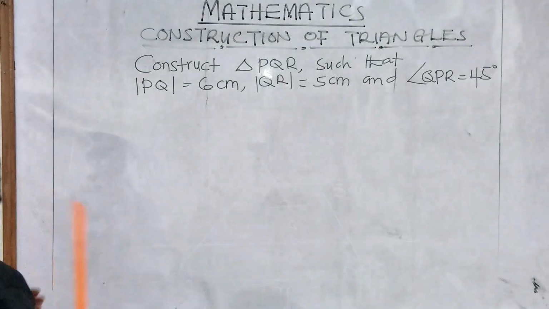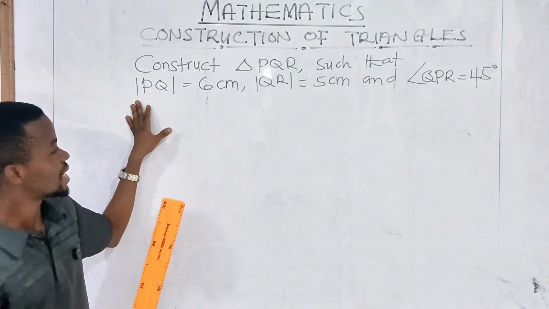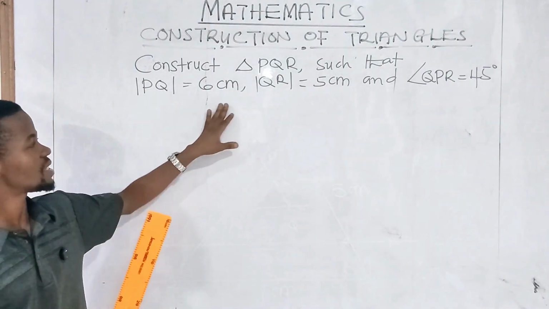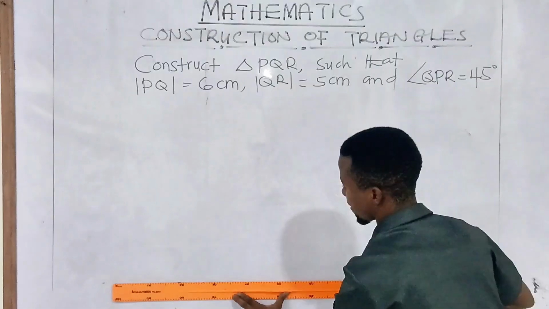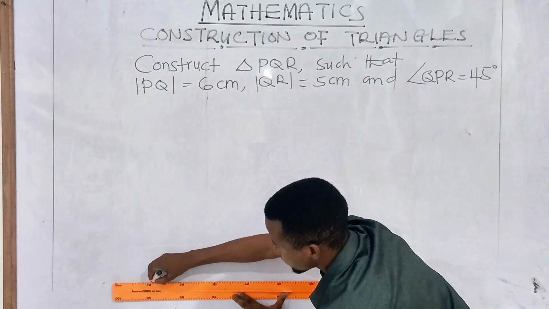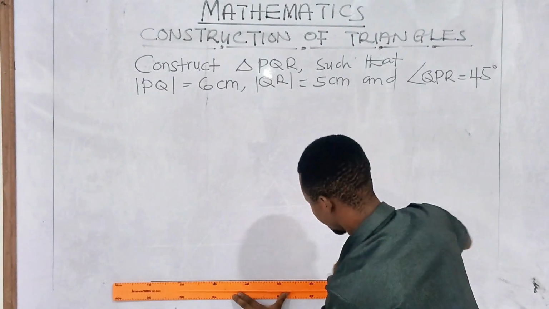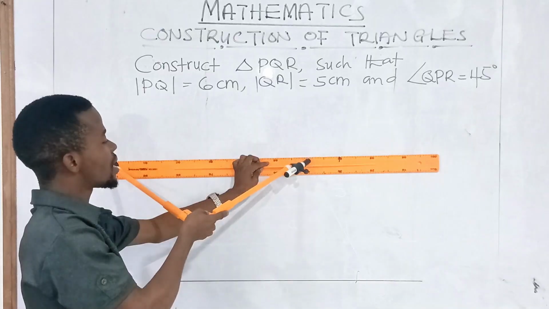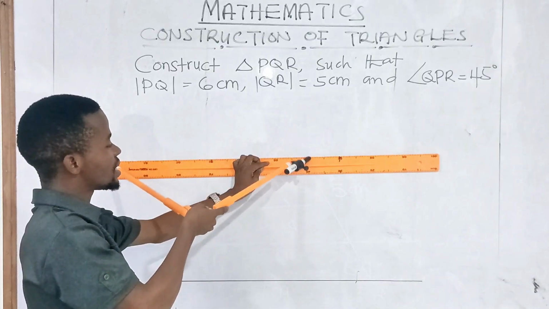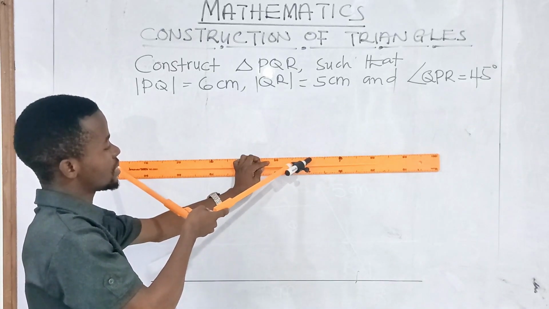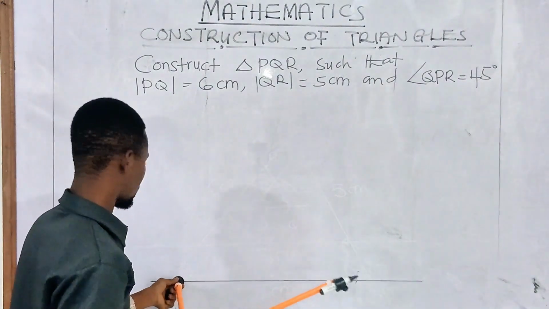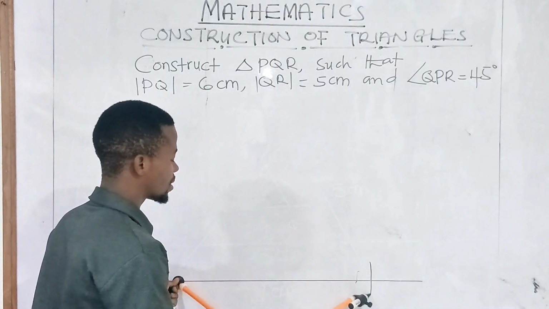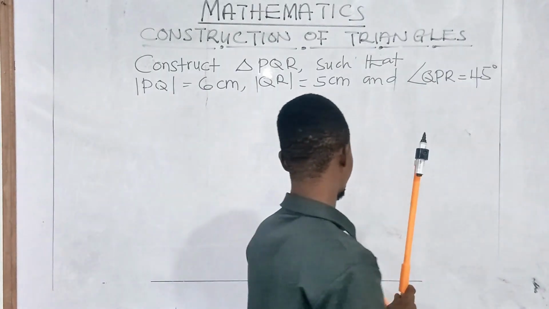What do we do? We first construct our line segment PQ, which is 6 centimeters. We measure our line segment, which is 6 centimeters like this. We stand at one end, make an arc, and we stand on that arc.